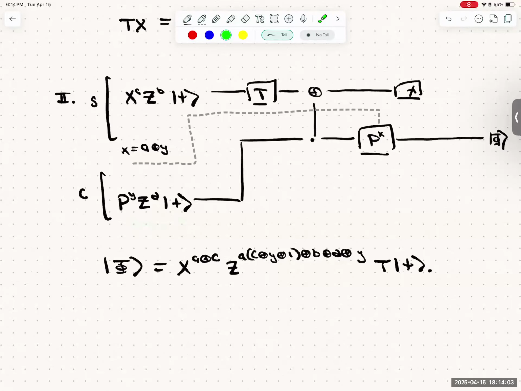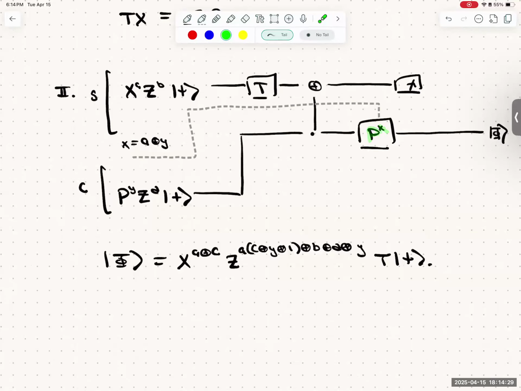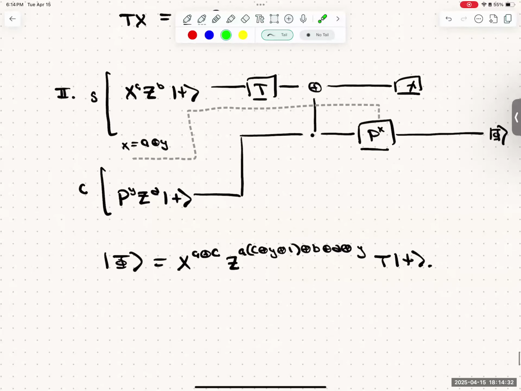Then it sends this, that's what this line going up here means, it got sent to the server, who performs T on the first one, does a controlled NOT, and then essentially teleports the state down to here onto the second qubit line. And essentially what's happening is the server then performs this P^x, which will precisely undo the P that is obtained from the server applying the T gate here.